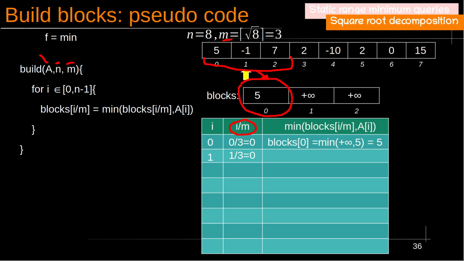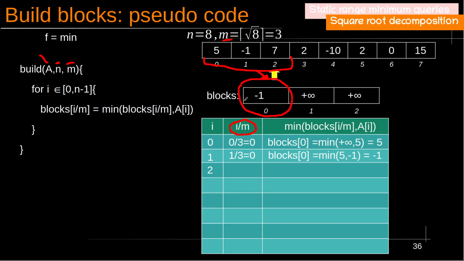So the result will be stored in blocks 0. Blocks of 0 is now the minimum of the computed result in block 0 and minus 1, which is in the original array, which is equal to minus 1. So blocks of 0 will be minus 1.